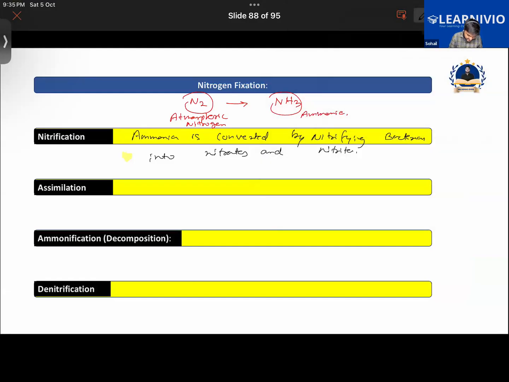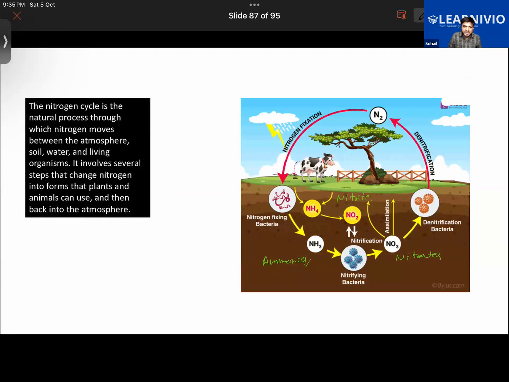So assimilation is that the nitrate is taken up by the plant. Now, while all this is happening, when animals release their waste, or when they die, or the plant dies, their body will decompose. Decomposition is carried out by several bacteria, fungi, and other organisms like insects and worms.